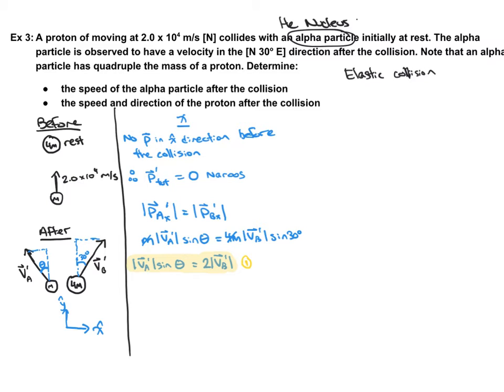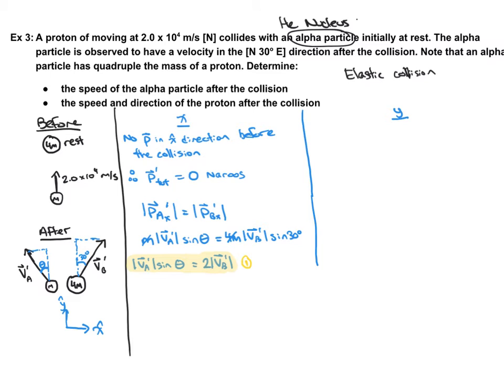Okay, now I'm going to look at my y direction. Same thing, conservation of momentum, this time in the y direction. So when I look at my before diagram, I do have momentum in the y direction.